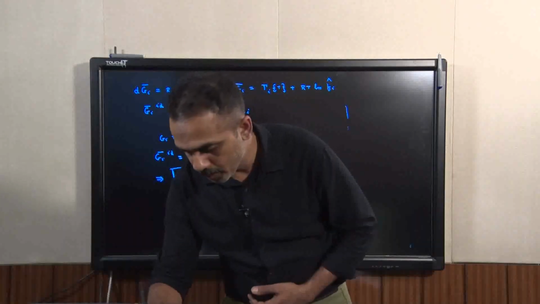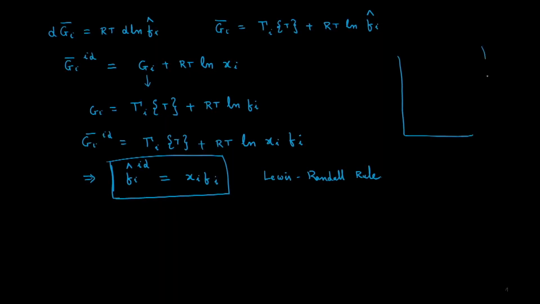So if I were to draw a picture of Fi hat ideal in a binary mixture, let us say this is x1 going from 0 to 1 and this is F1 hat. If I were to draw how F1 hat changes with the composition x1, it will look something like that. At one end, when x1 is 0, F1 hat is going to be 0 because of the Lewis-Randall rule.